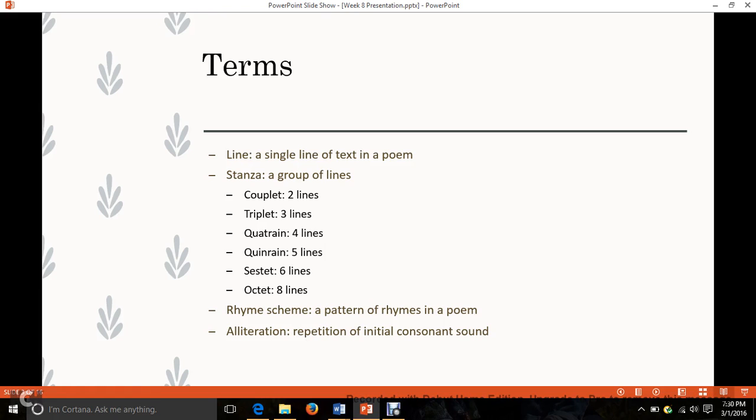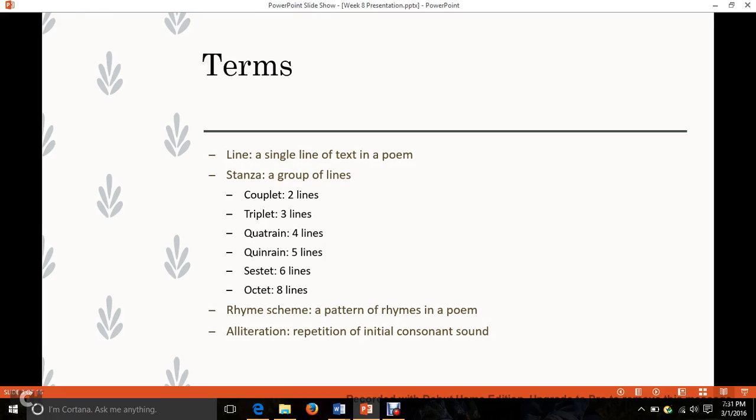Rhyme has a lot to do with rhythm. And as we discussed last week, poems often are very lyrical in nature. They have more of a musical quality, and rhythm and rhyme relate directly to that musical quality. Another type of literary element that you'll see in poems is alliteration, and this is a repetition of the initial consonant sound.